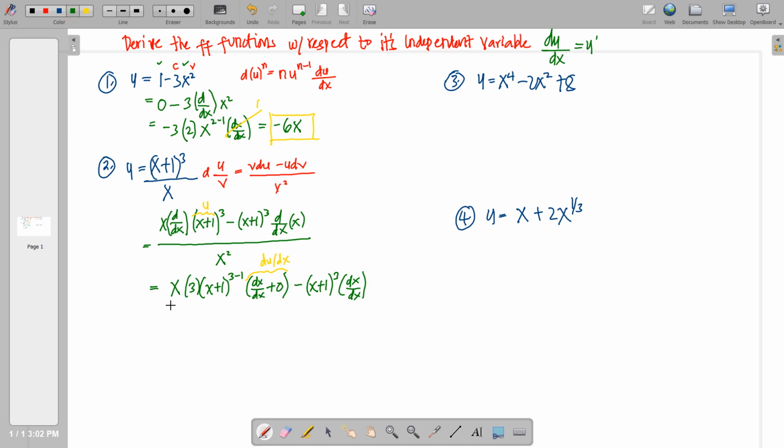We divide that by x squared, sorry, this should be v squared. Anyway, this is x squared. We'll just have to copy that here, x squared. So what happened?